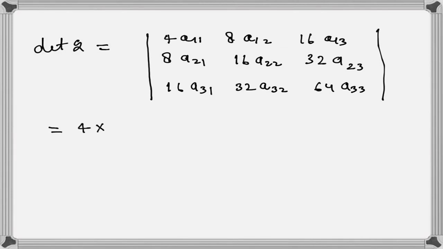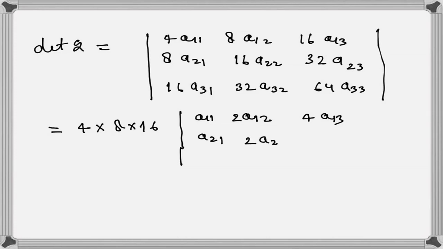4 into 8 into 16, then we have a11, 2 times a12, and 4 times a13, a21, 2 times a22, 4 times a23, then a31, 2 times a32, and 4 times a33.